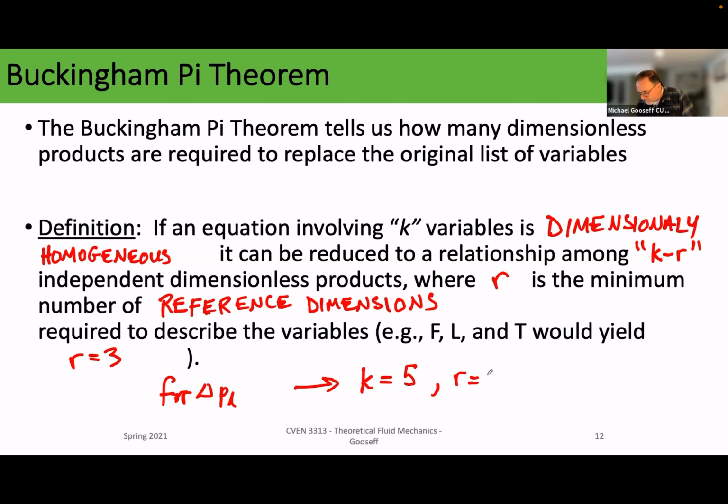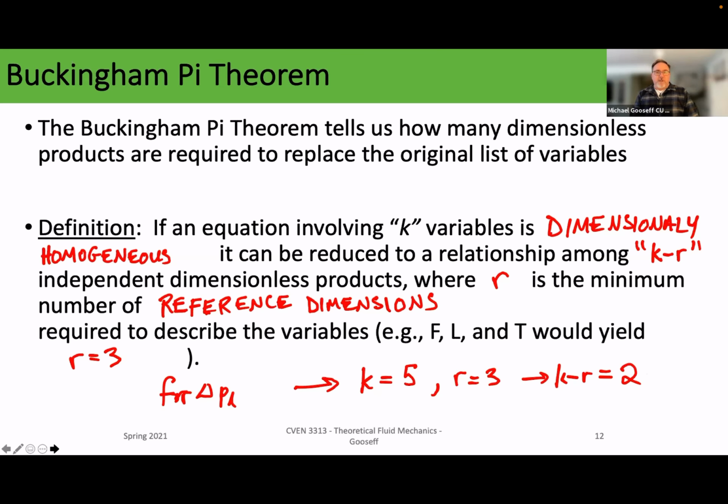So R was equal to 3, whether we worked in mass, length, time or force, length, time, we would have all three of those represented. So K minus R would be equal to 2. Okay, so we'll come back to that in just a second. We'll actually define that more formally on another slide.